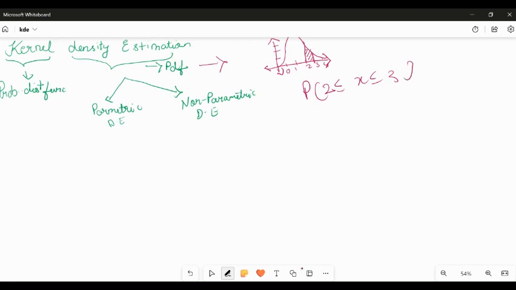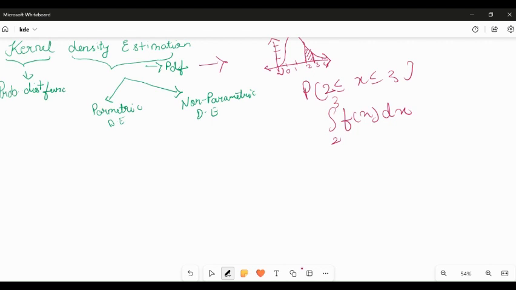What will be the value of the probability between 2 and 3? We can find that through the PDF by using area, by using integration. We create one function, then give a limit from 2 to 3, and we get the exact probability of that particular range. This is what the PDF says.